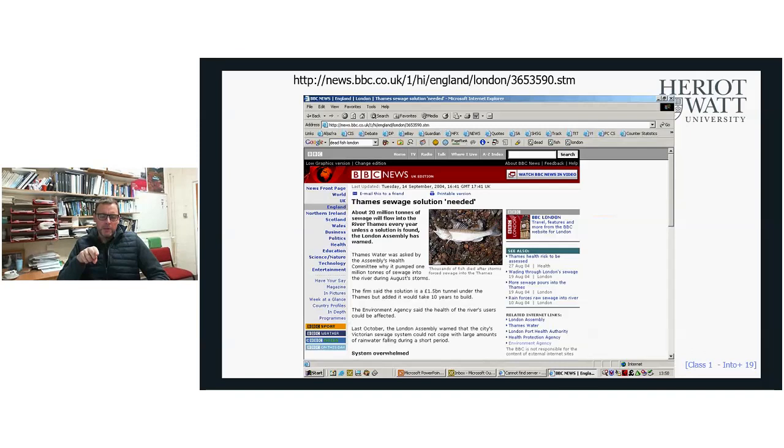But what happened in this instance was that the pollutants consumed so much oxygen that quite a lot of large fish began to die, and that became quite a concern with the public, and it became quite newsworthy over quite a long period of time.